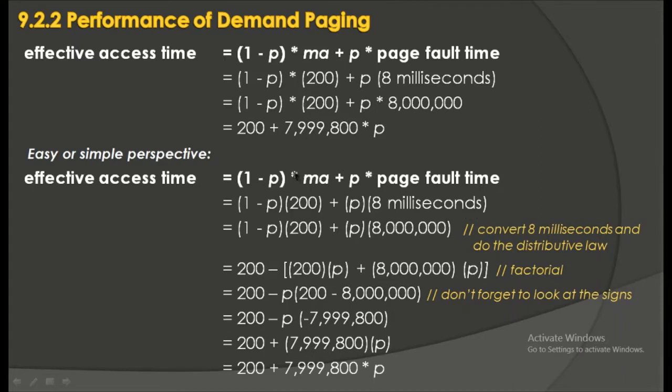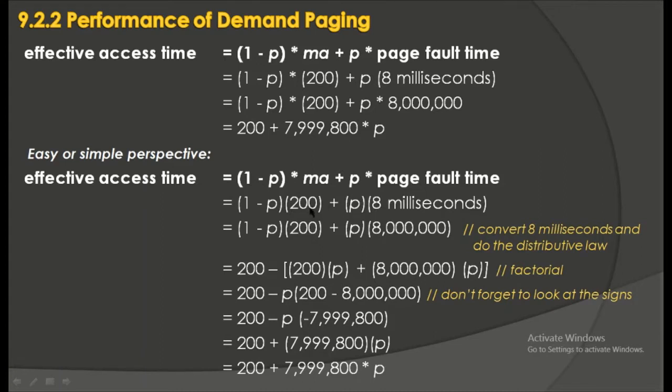As you noticed, the negative or minus sign here, we then distribute negative 7,999,800 to minus p, or negative p.